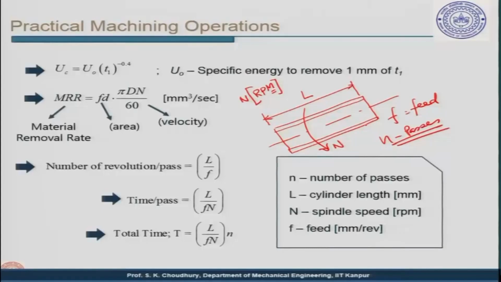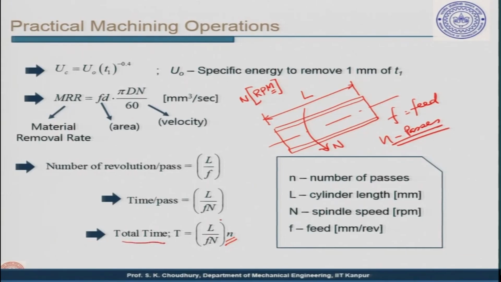In the final pass or final 2 passes, you take a very little depth of cut so that the finishing operation can be performed and the required surface finish achieved. So in a few passes the entire depth of cut will be removed, and that number of passes has to be included here to find the total time.